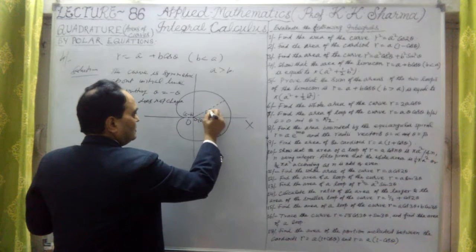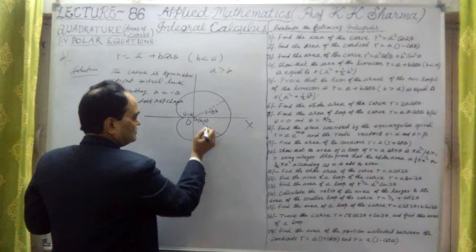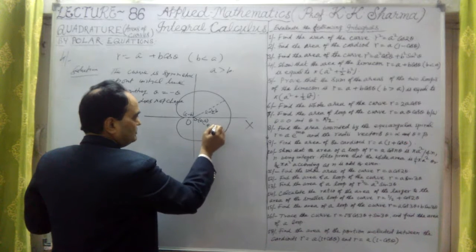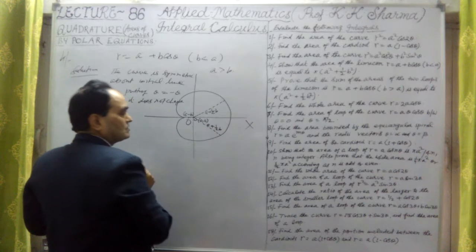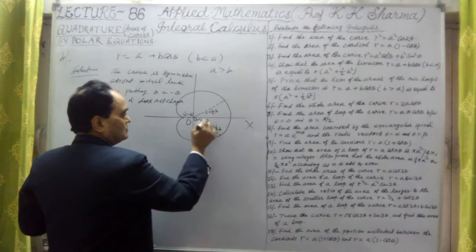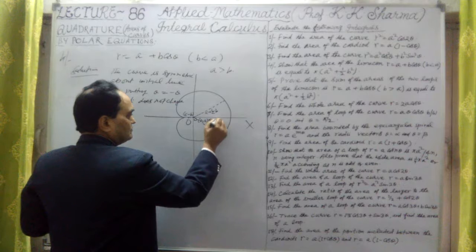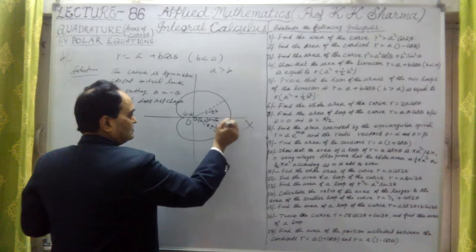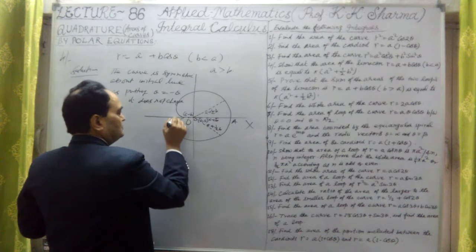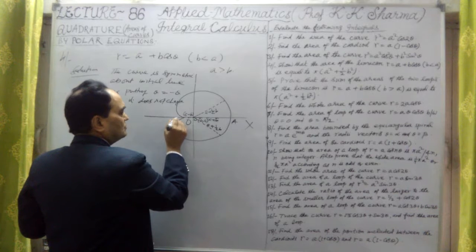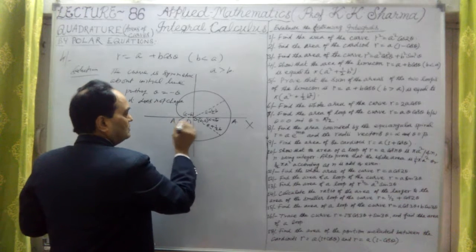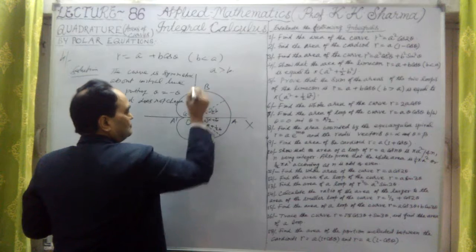This is a plus half b, or a plus half b, and this is a plus b here. This is suppose a point, this is b point, or this is O point here, or let me take a dash here, this is b point here.